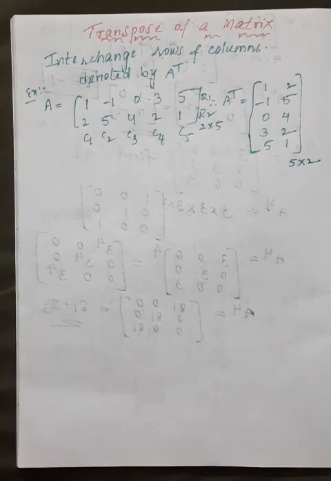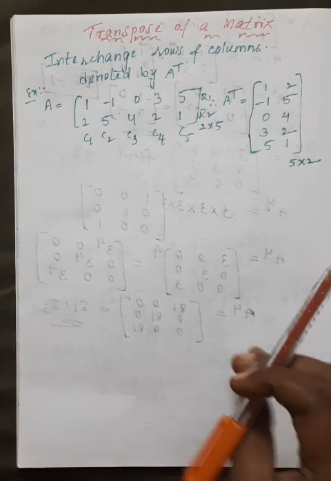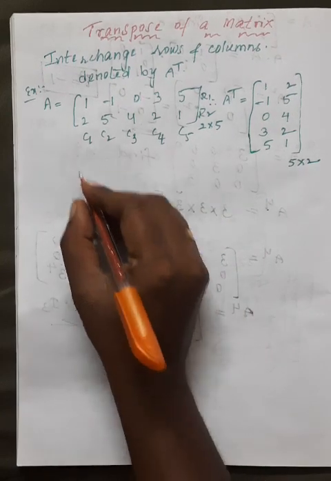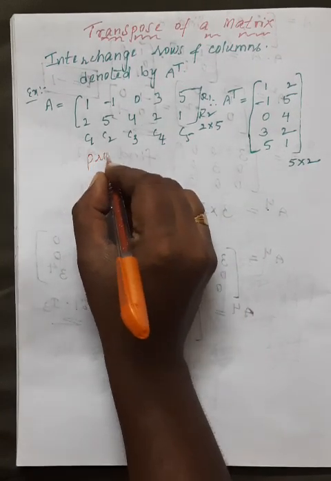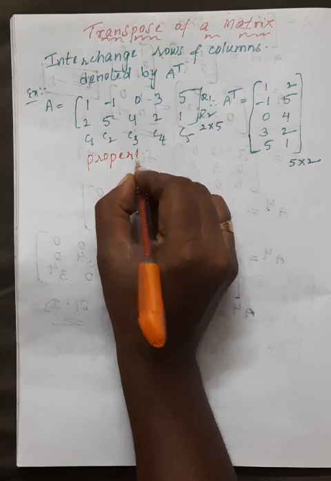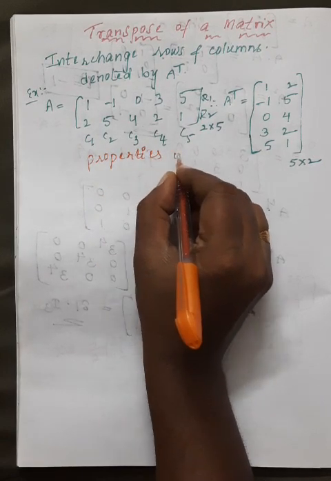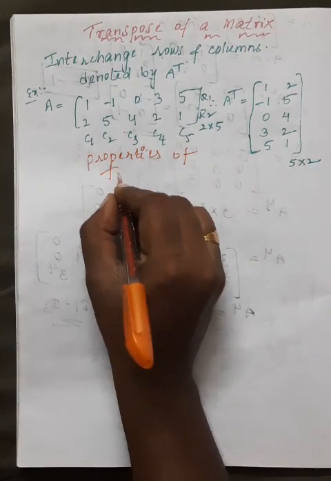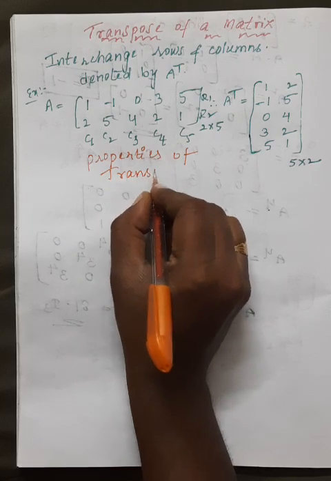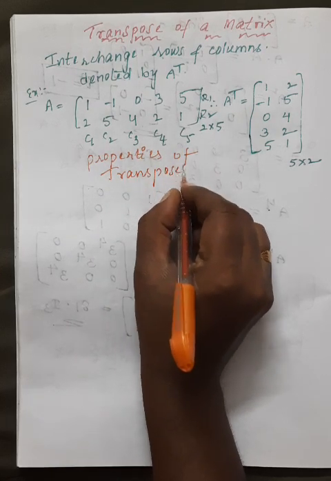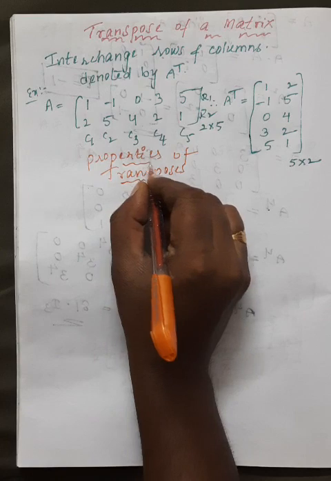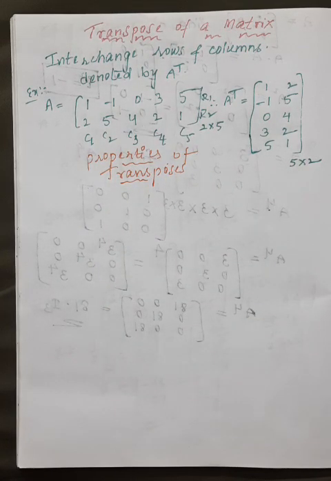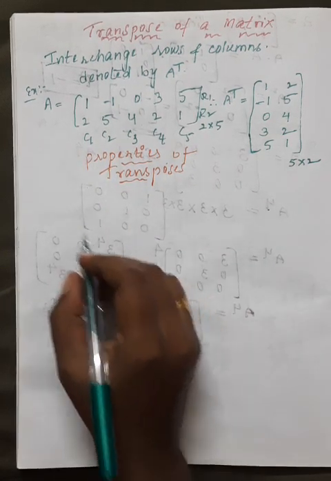Now let us see what are the properties of transposes. So here we have a total of 5 properties.